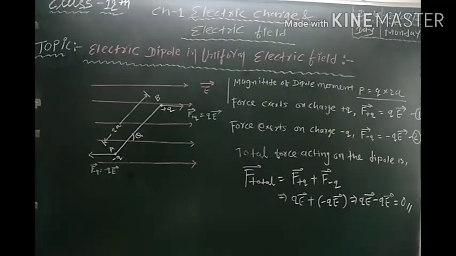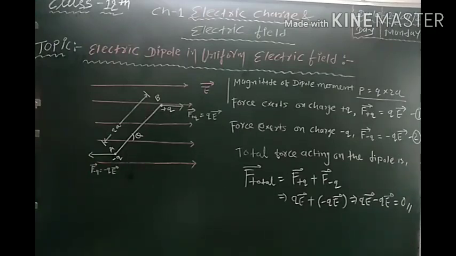Here we conclude that the net translating force on a dipole in a uniform field is 0. But equal and opposite forces act at different points of the dipole, so they form a couple, which exerts a torque.